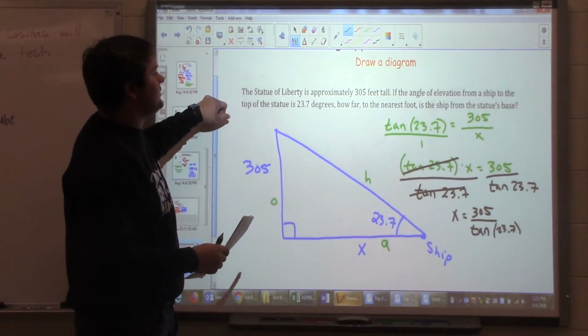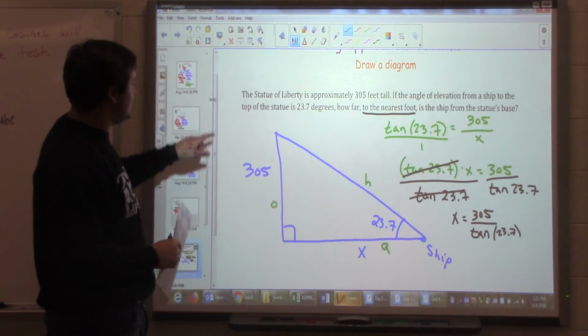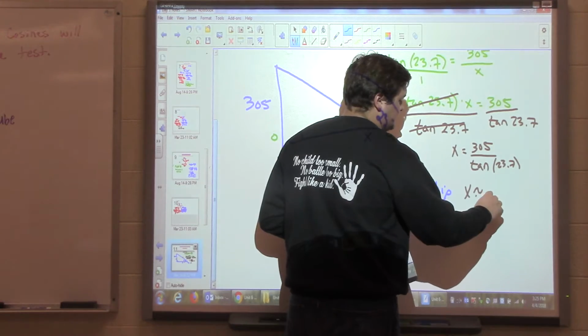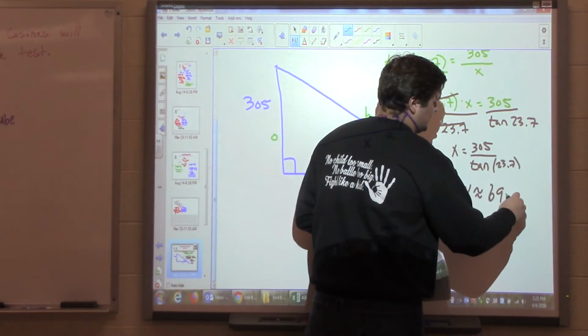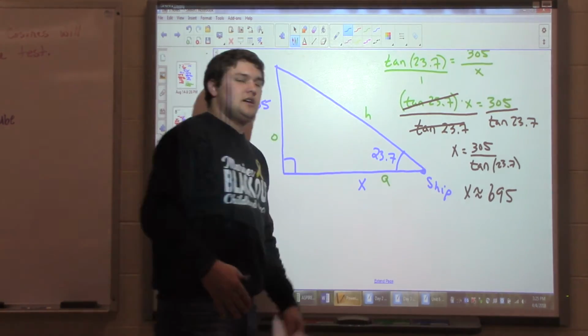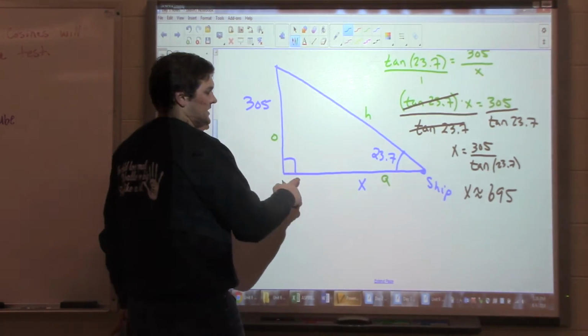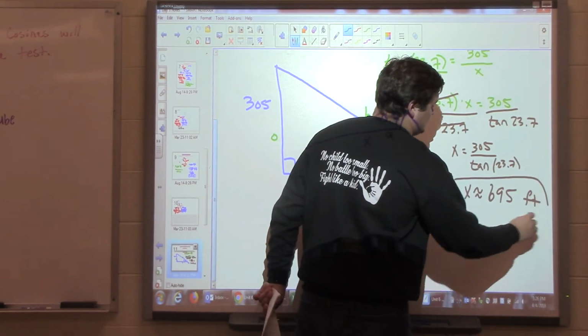Remember, reading the directions, it says how far to the nearest foot. So we're going to the nearest foot. I don't want hundredths. Nearest foot, x is approximately 695. What this means is from the ship to the base of my statue, 695 feet.